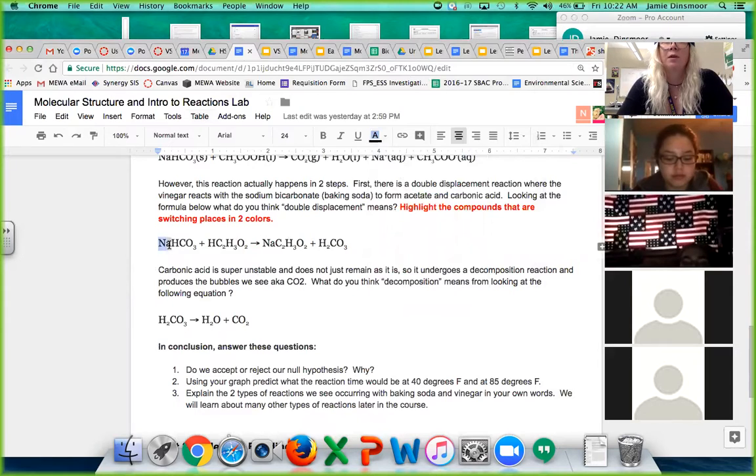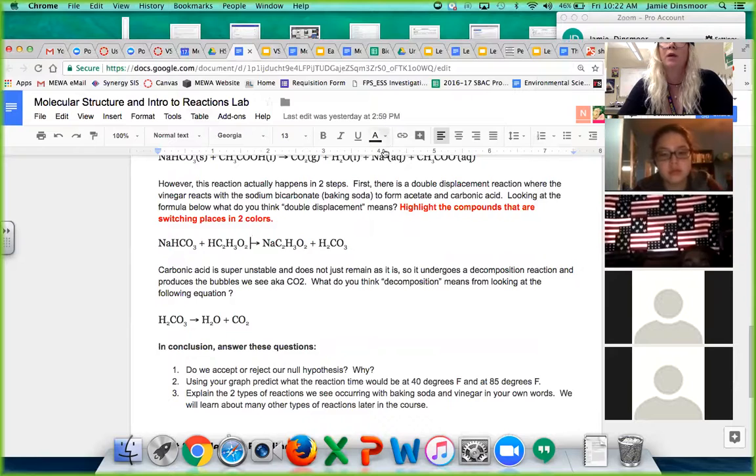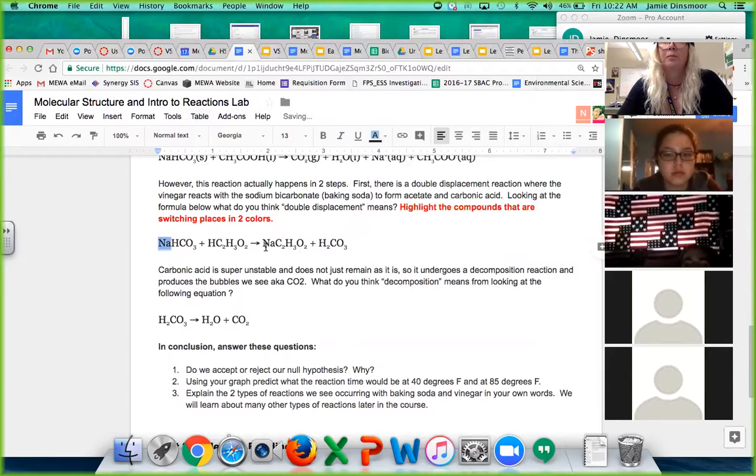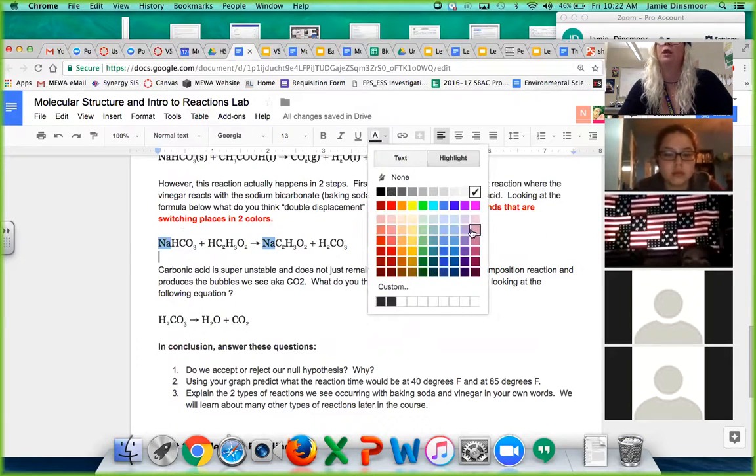We see the sodium here, and we see the sodium here. There we go. Okay, so there's the sodium on both sides of the equation here. And we notice the thing after the sodium looks like it's moving places, right? So we'll do that one in light pink.